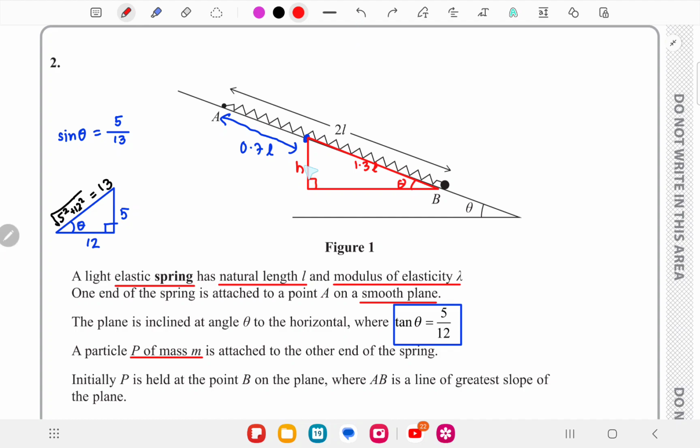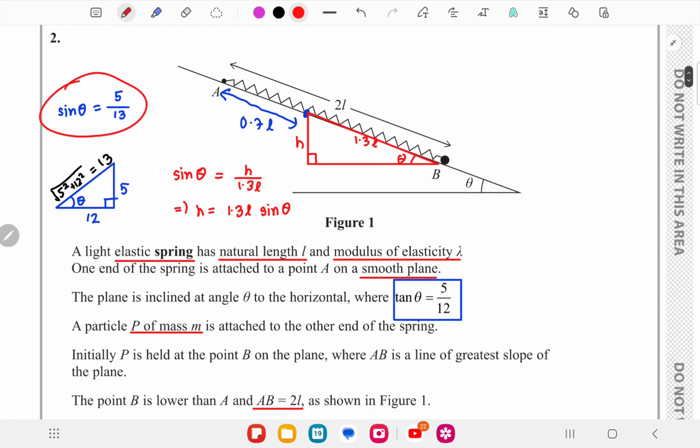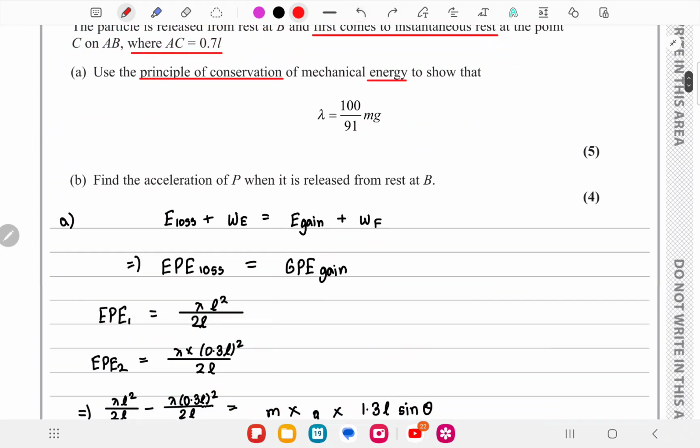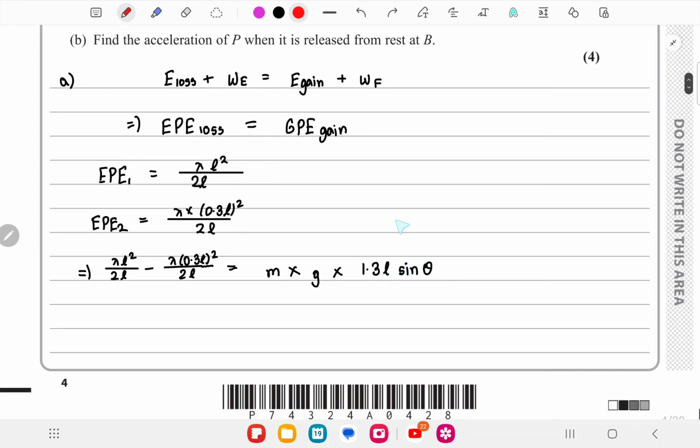Now we can see that sine theta is h by 1.3L. So h will be 1.3L sine theta. And we also have the value of sine theta, so we can just plug it in. So this is h, and we know the value of sine theta to be 5 by 13.